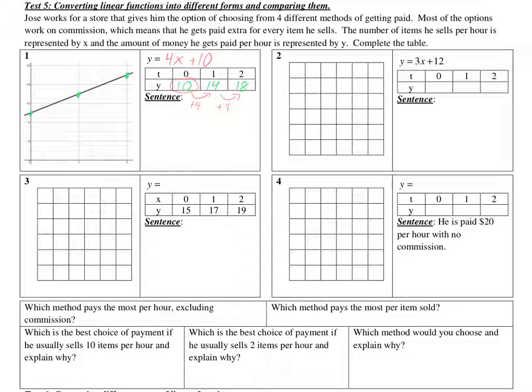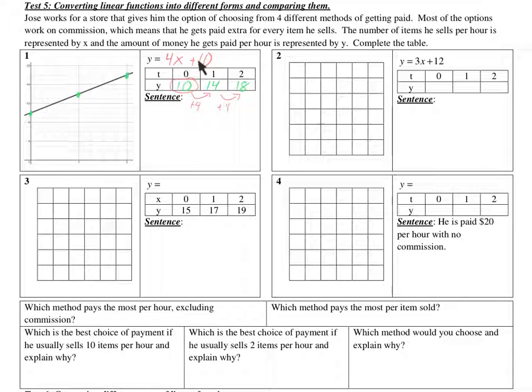Now the sentence is a little bit trickier. To get this sentence, for a sentence, aren't we going to talk about the y-intercept and the slope? Doesn't the y-intercept stand for how much a person gets paid each hour? Isn't it $10 an hour? Plus, don't they get paid $4 per X, per item sold?